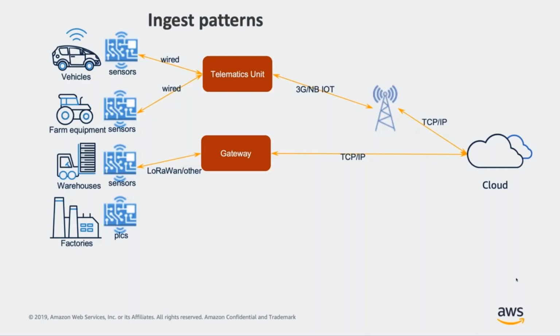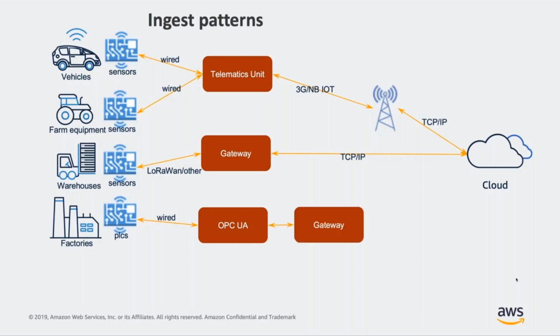The PLCs send data to an OPC UA server or a local historian. This data communication generally happens over a wired network. Sometimes even an Ethernet network is employed. You'll need some sort of a gateway to extract data from the OPC UA server or historian and then send it to the cloud over the internet using the TCP/IP stack.